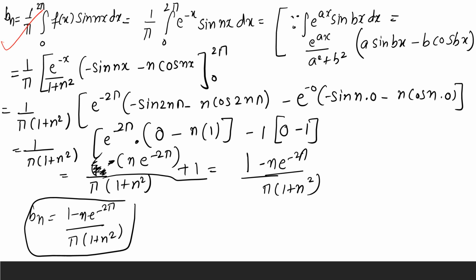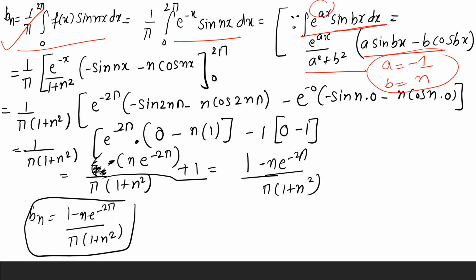Now we will solve b_n. The b_n formula is 1/π ∫ from 0 to 2π f(x) sin nx dx, that is 1/π ∫ from 0 to 2π e^(-x) sin nx dx. We already discussed that the integration of e^(ax) sin bx dx is e^(ax)/(a² + b²) (a sin bx − b cos bx). Comparing, we get a equal to minus 1 and b equal to n.